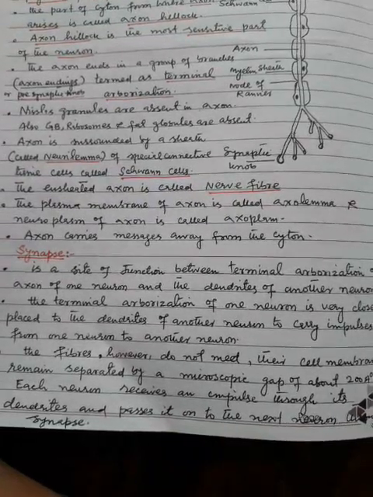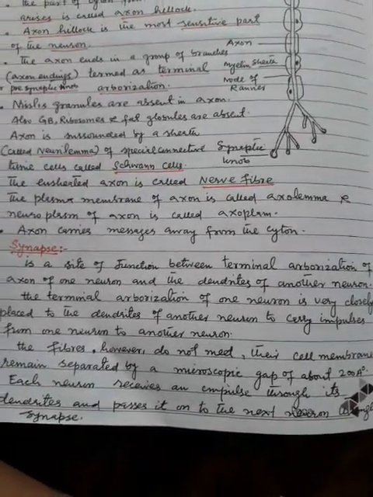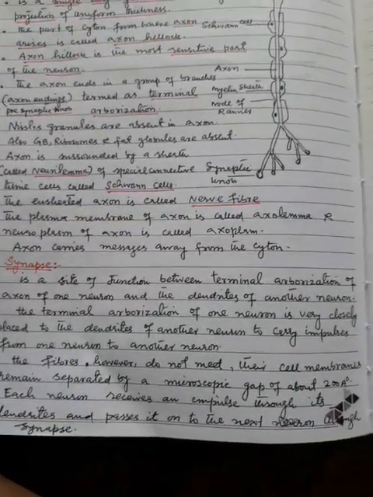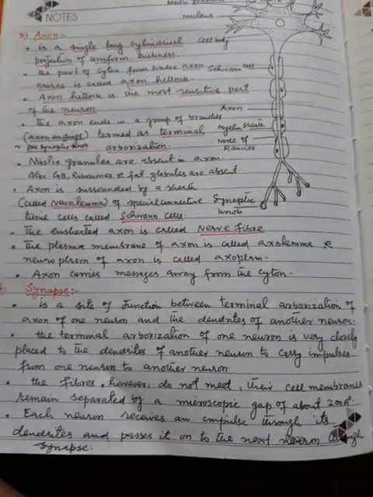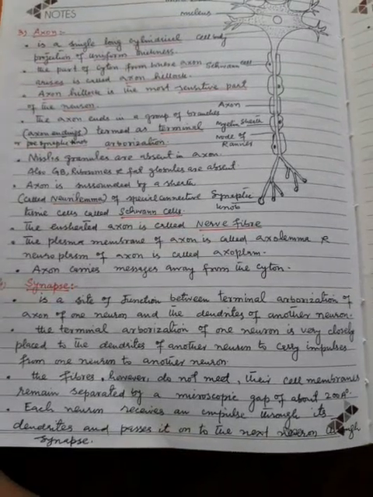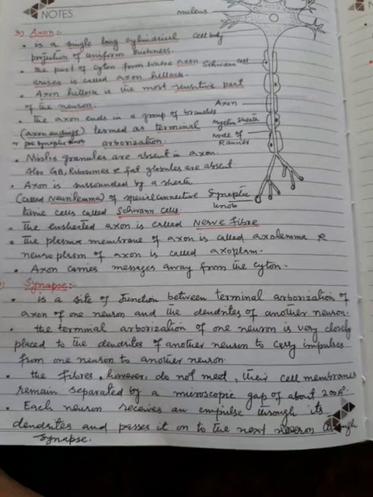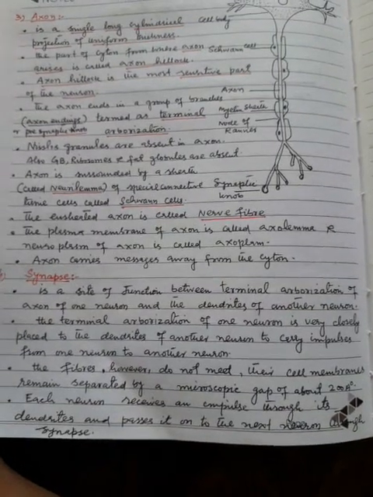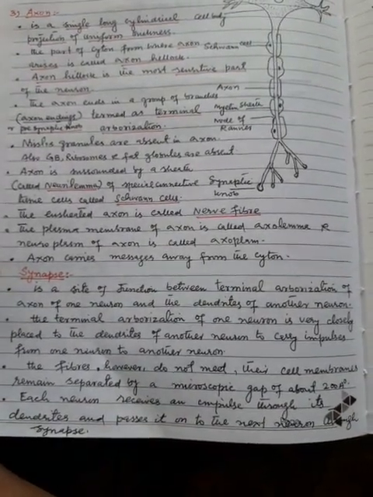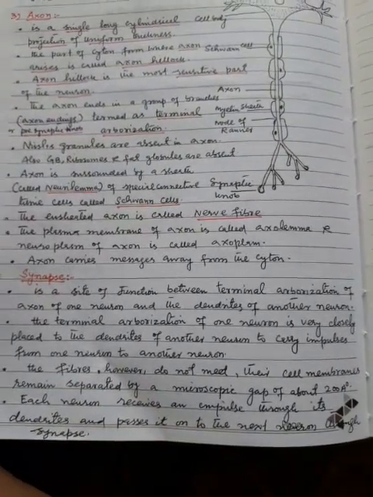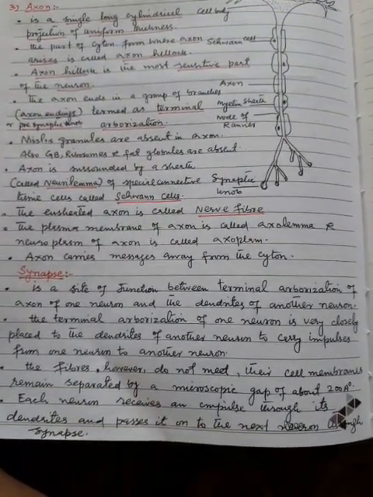The terminal arborization of one neuron is very closely placed to the dendrites of another neuron to carry impulses from one neuron to another neuron. The fibers, however, do not meet. Their cell membranes remain separated by a microscopic gap of about 200 angstrom units.